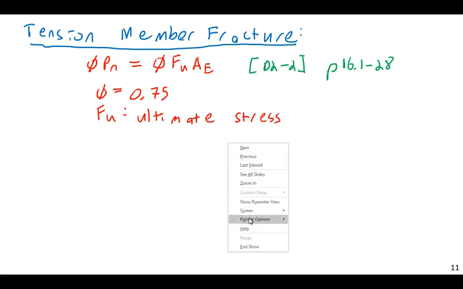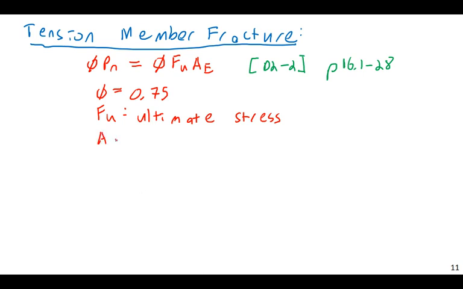Okay, so now what is AE though? We're not going to use gross area anymore. We have to use something called AE, and if you look in the code, AE is the effective net area. So that raises the question, what is the effective net area?